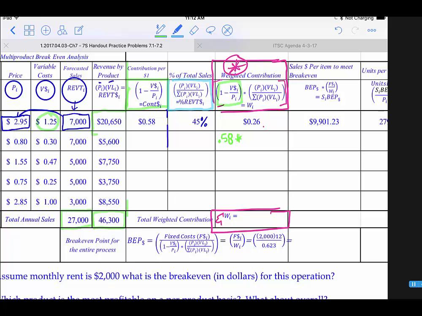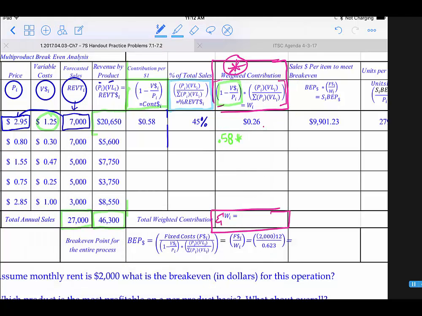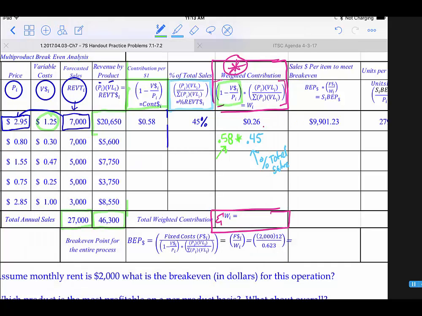So therefore we'll write out 0.45. This is the percent of total sales, and we are multiplying it by the contribution margin.